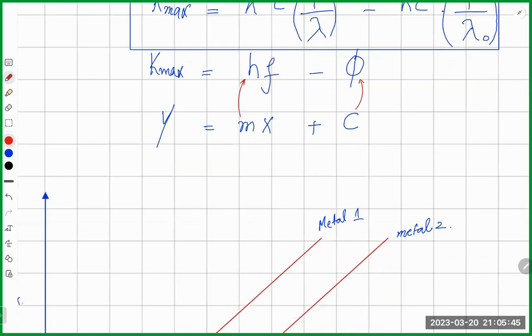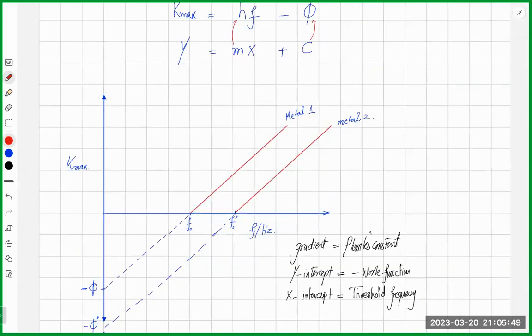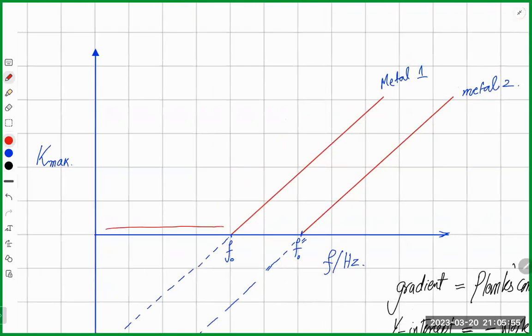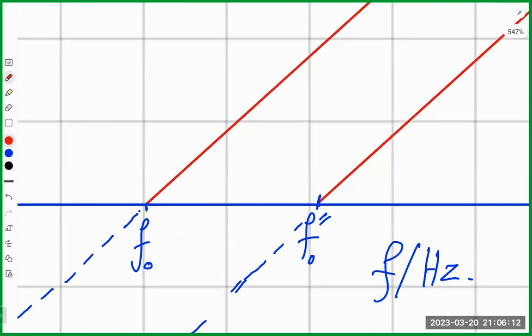If the y-axis is K max and the x-axis is frequency, then this is the kind of graph you should expect. Why is there no photoelectron in this region? If frequency is less than threshold frequency, no electron comes out. When you reach the threshold frequency, electrons come out with zero kinetic energy.